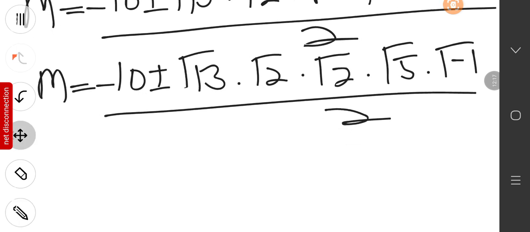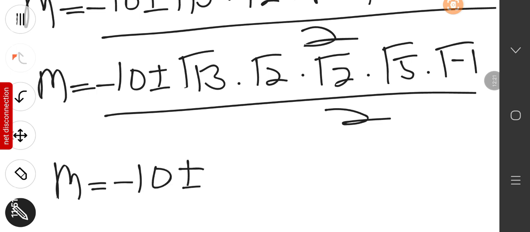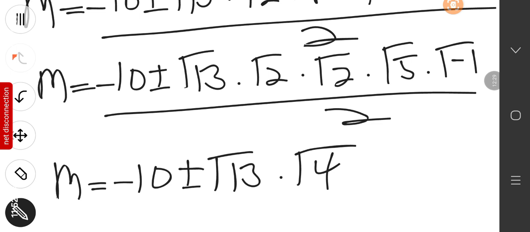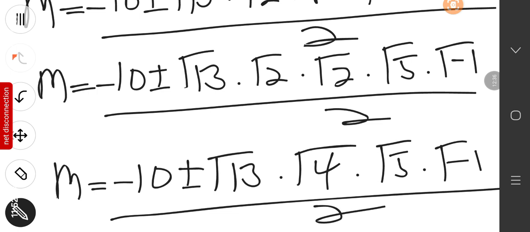All right, so this will give us m equals minus 10 plus or minus the square root of 13 times the square root of 2 times the square root of 2, and that gives us the square root of 4, and then here we have the square root of 5, and then we have the square root of minus 1 all over 2.